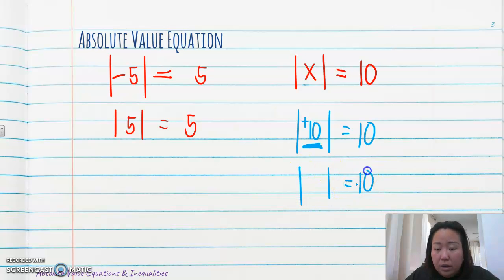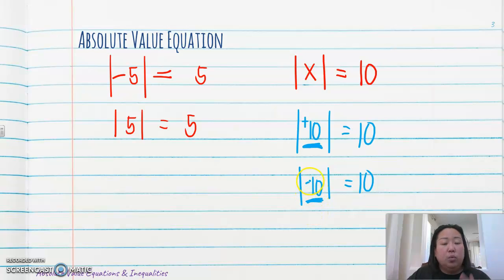What other number can you put inside the absolute value symbol that gives you an absolute value of 10? -10. So when you are solving an absolute value equation, you are solving for 2 possible values of x. One will be a positive value and the other one will be a negative value.